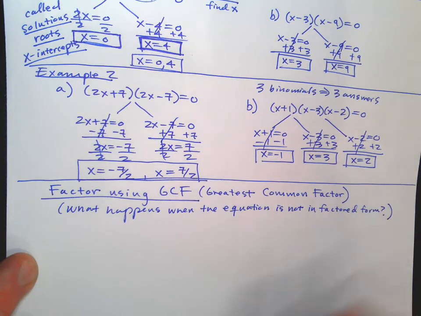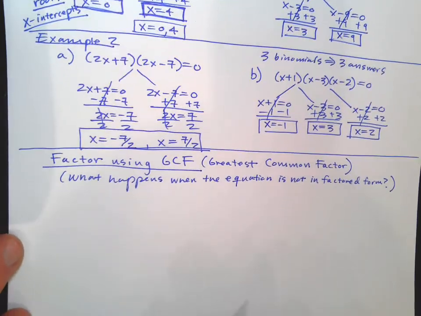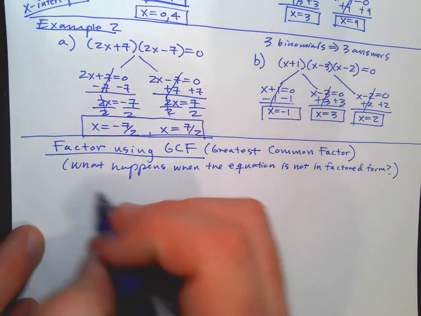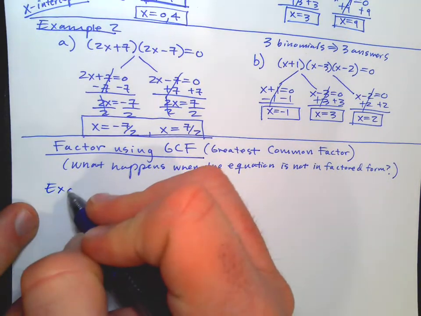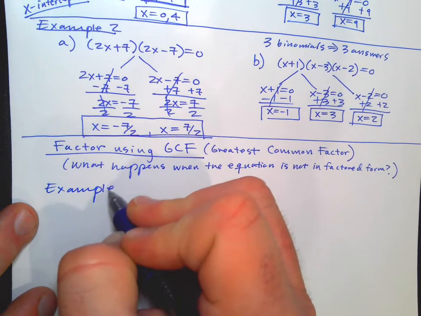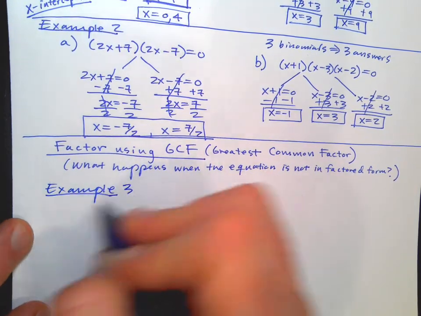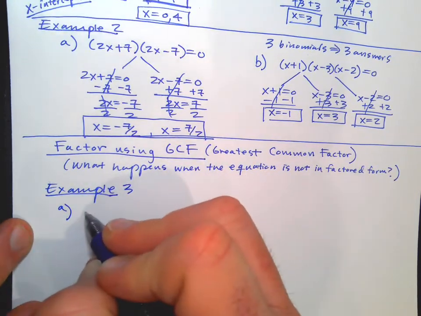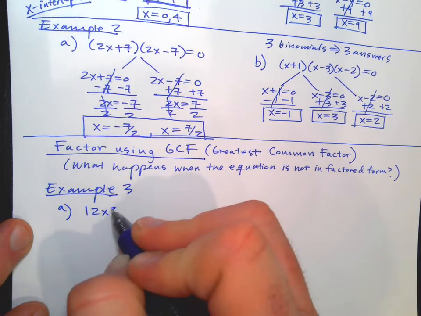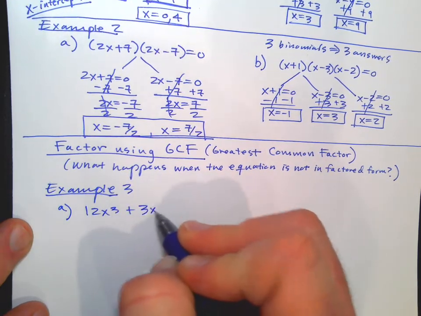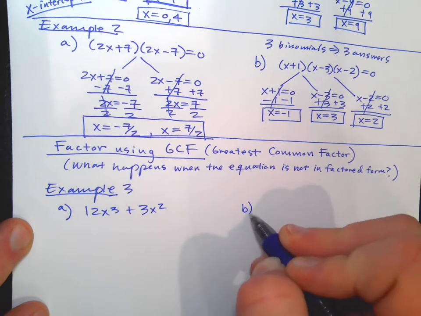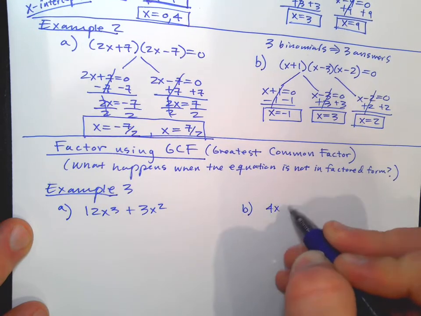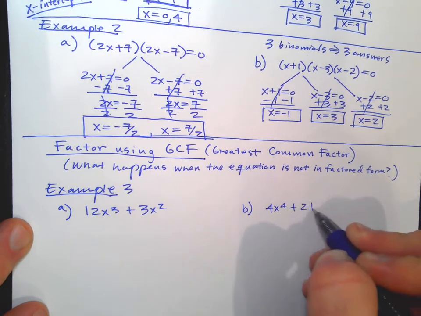Okay. All those other ones, they were factored for you. So what do we do when it's not factored? Now, we're going to just kind of slowly get into this, okay? So these ones: 12x cubed plus 3x squared. And then part B, 4x to the fourth plus 24x cubed.